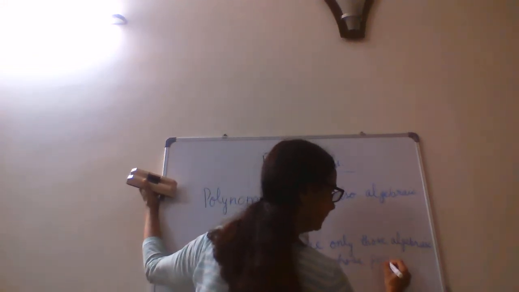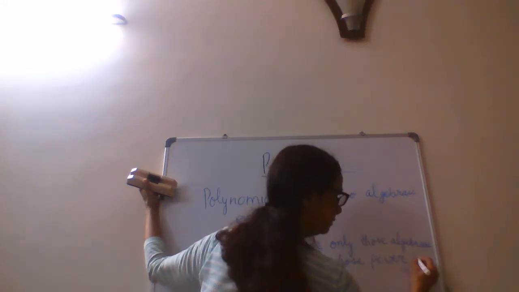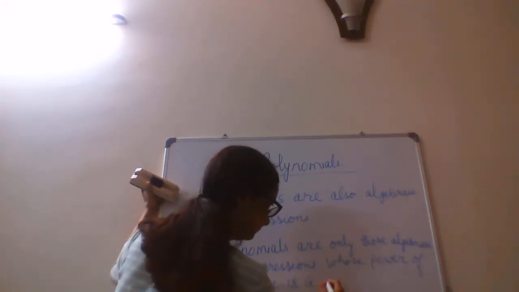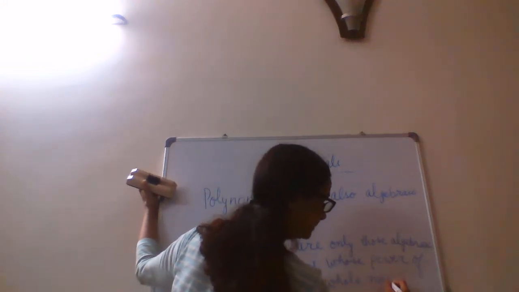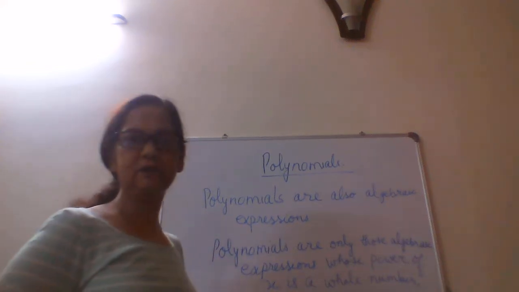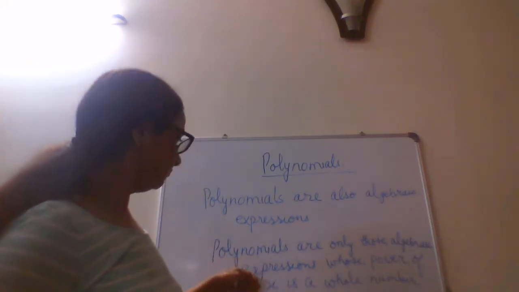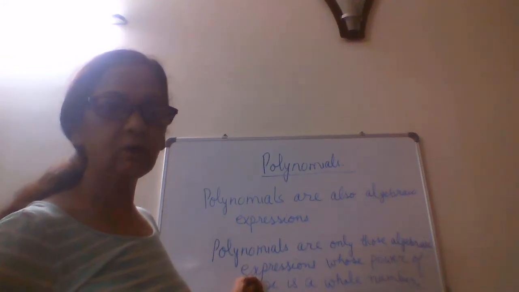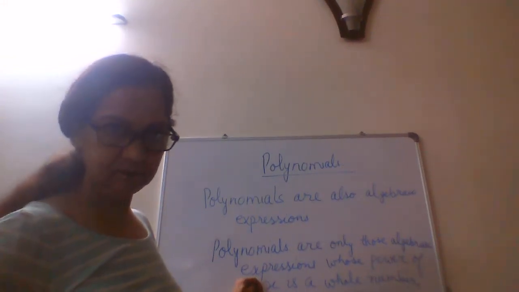I repeat, whose power of x is a whole number. It is not an integer, it is not a fractional number, but it is a whole number. This is the most important part of a polynomial. Any algebraic expression where the power of x is not a whole number will not be considered a polynomial. Is it clear?